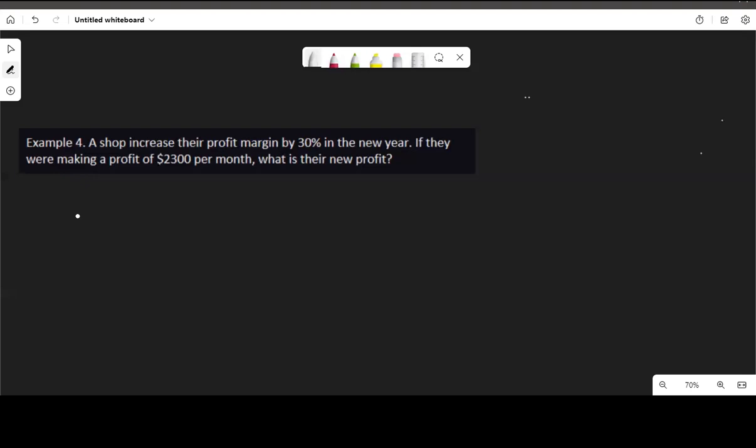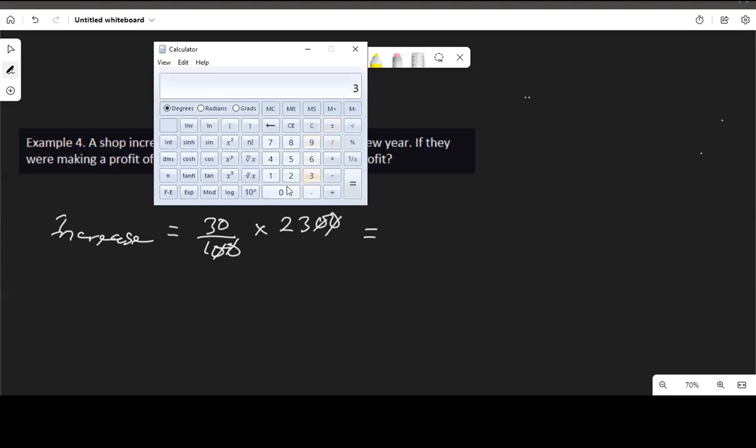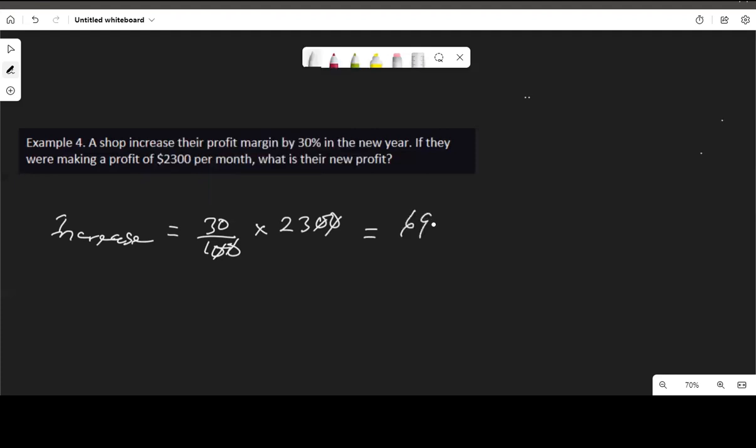So first of all, get the increase. The increase, which is 30% of the old, that is 30 over 100 times the old profit, which is 2,300. The 0s cancel out. 30 times 23 is 690. 690 increase.